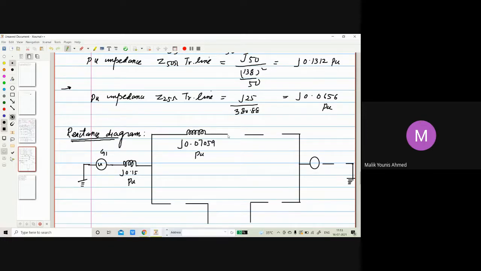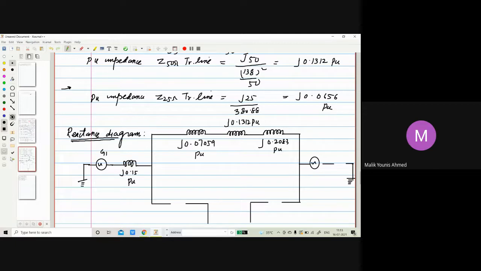Then we have the transmission line J50, which will be J0.1312 per unit. And then we have transformer T2, that will be J0.2083, again in per unit.